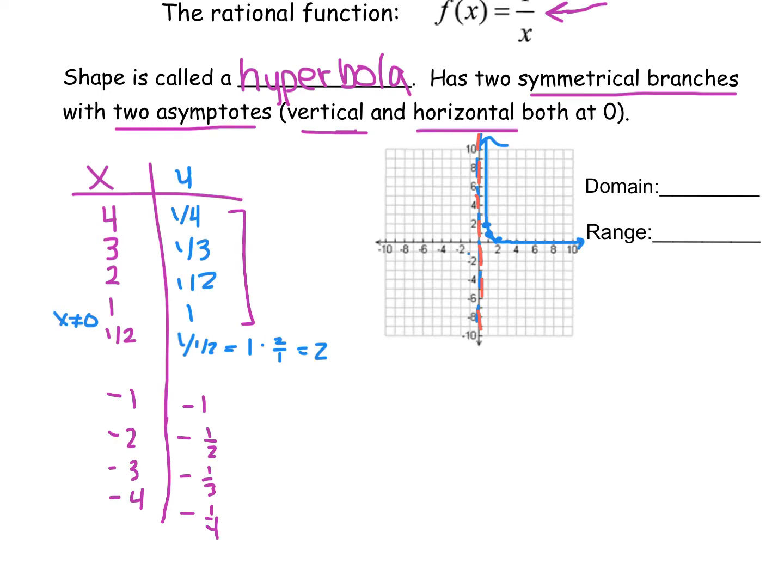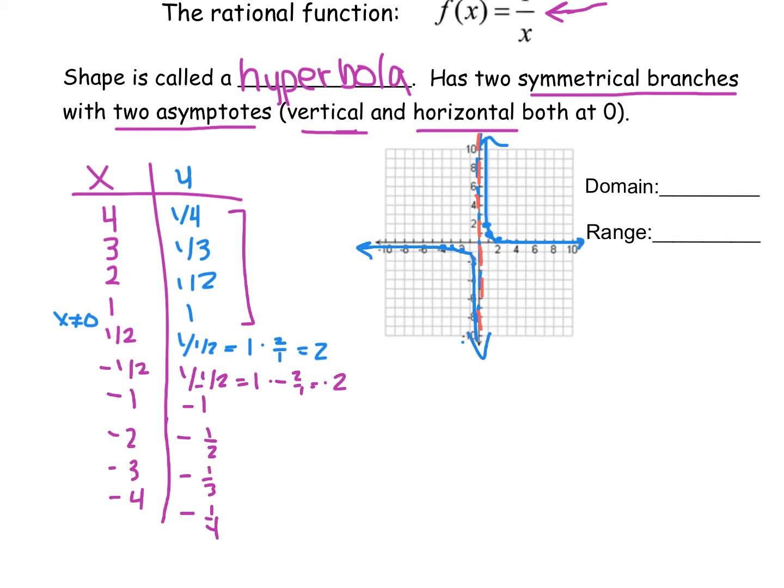I can see it's getting really close to the x-axis there. If I use x as -1/2, I put that over 1 and multiply by the reciprocal, and I end up with -2. So it's going to shoot downwards and get very close to the y-axis.